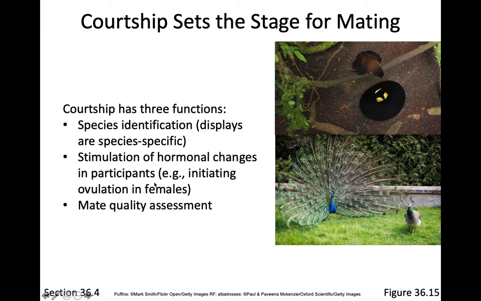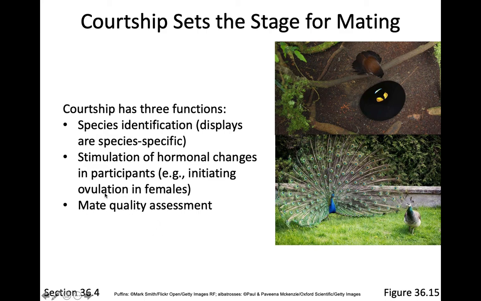Sometimes they can trigger hormonal changes in the participants. Some organisms, once they see this mating display or they start the dance, it will initiate the release of eggs from their ovaries, or it will increase their receptivity to mating. So these displays stimulate them to be able to become fertile.